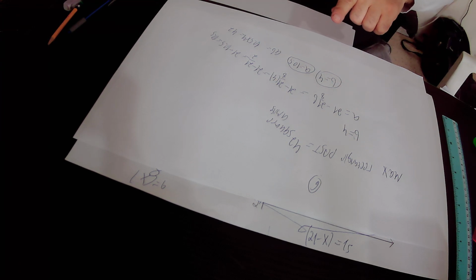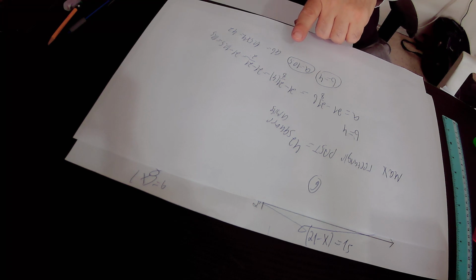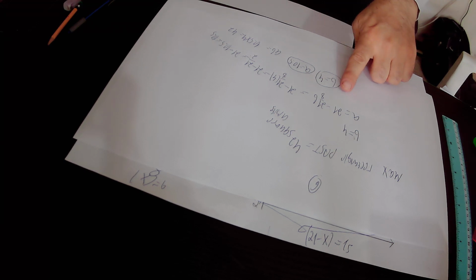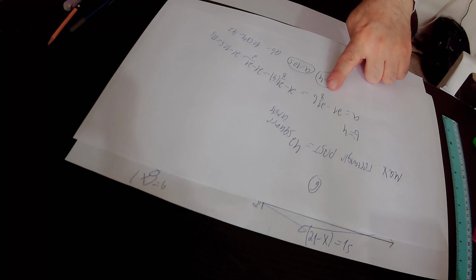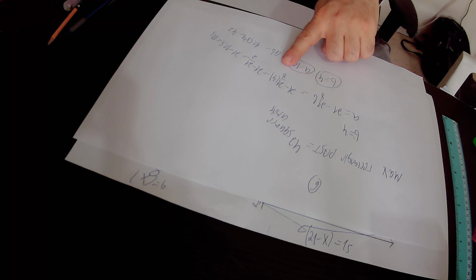How do we know that the height A equals 10.5? Because we put the value of 4 in the equation A equals 21 minus 21 over 8 times B. If we substitute B by 4, we get A equals 21 minus 21 times 4 over 8.